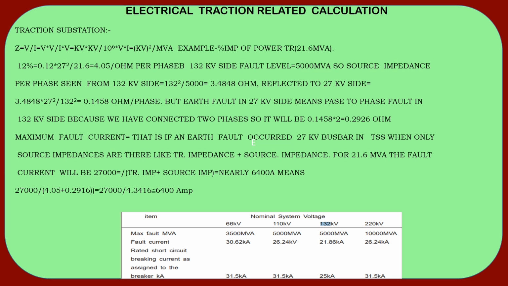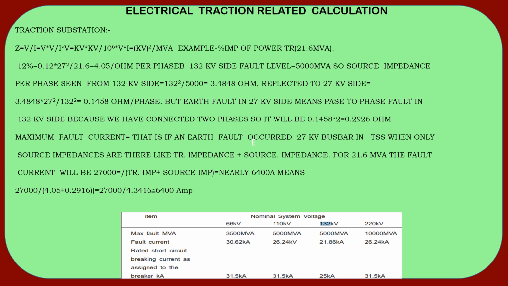So first we have to find the maximum fault current on the 27 kV side, because we have to set relays like OCR 2, OCR 3, wrong phase coupling, distance protection, and delta I. These things are required.